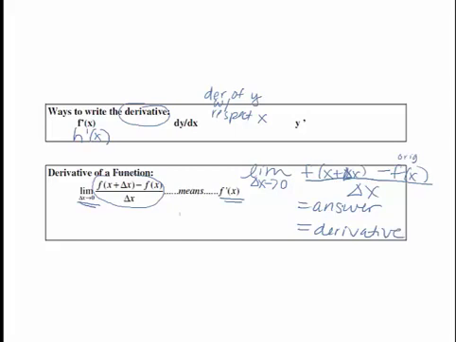And then we're going to delve further into what derivatives really mean, what they do for us, and how they can help us with other problems to come. But we're just going to start with the whole derivative process now.